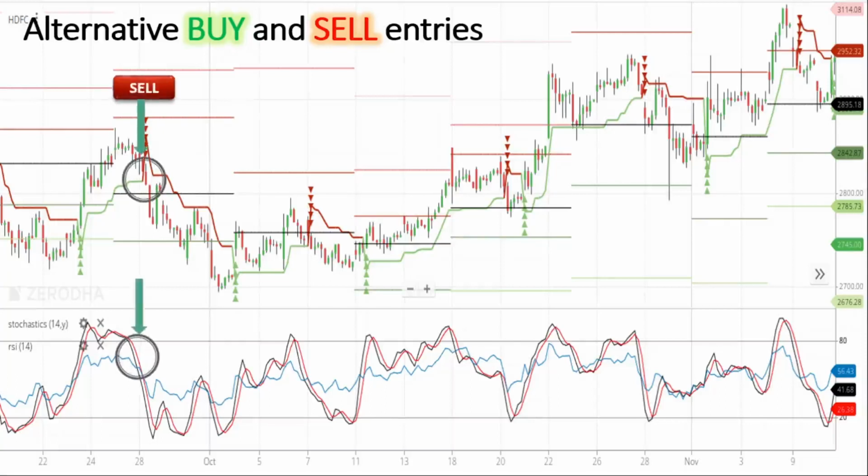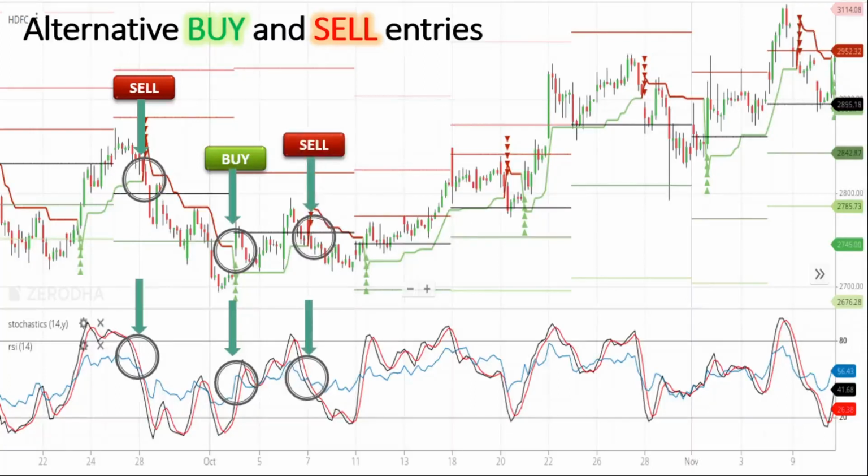Here we got a sell signal and we start with selling one lot quantity here. On the next buy signal, we can place a buy order for two lot quantities, one for booking profit for the existing one lot and a fresh buying of another one lot.